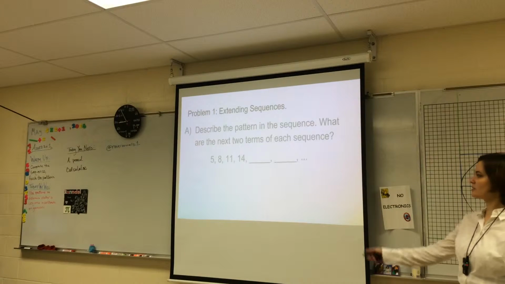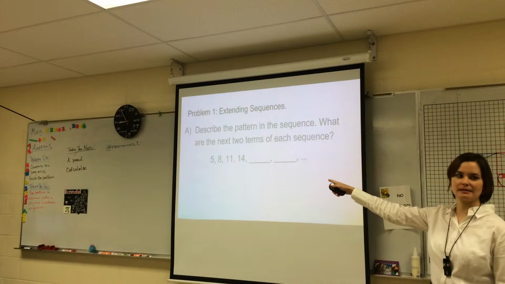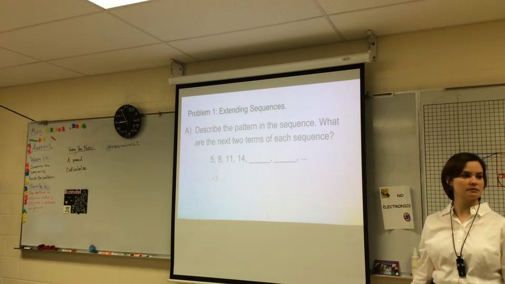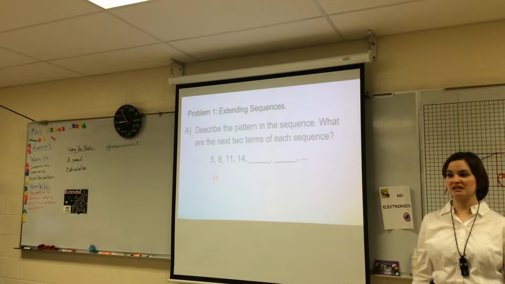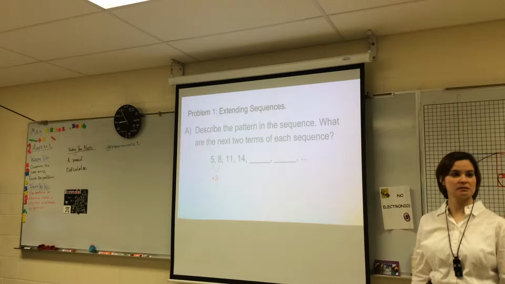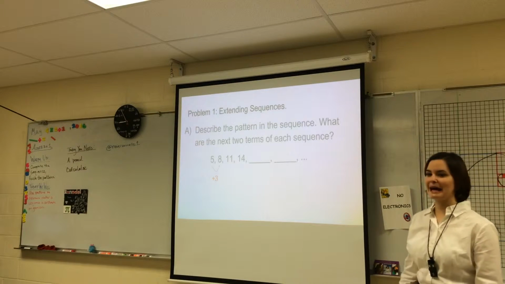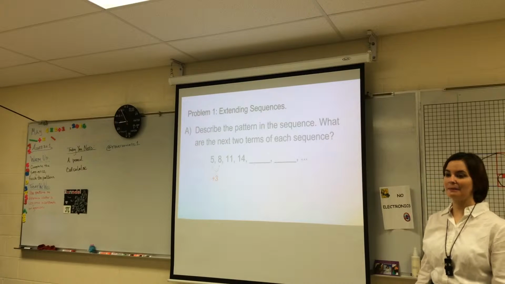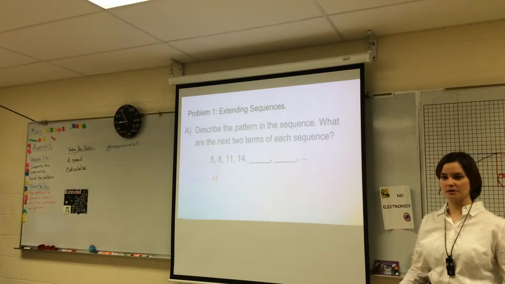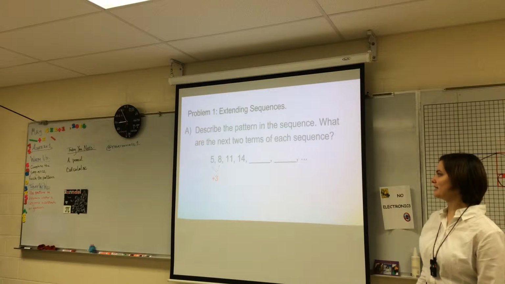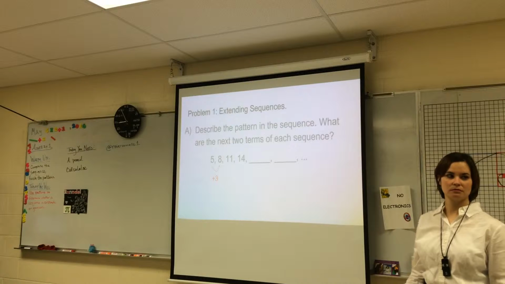So we have to ask ourselves, what happened from 5 to 8? Plus 3, right? Well, that's pretty straightforward. But we have to make sure that's the pattern happening from term to term. So from 8 to 11, is it the same thing? Plus 3?